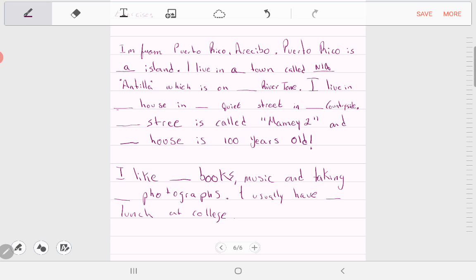But when you speak about the river, you use the defined article, the.